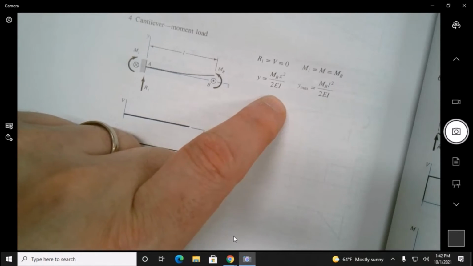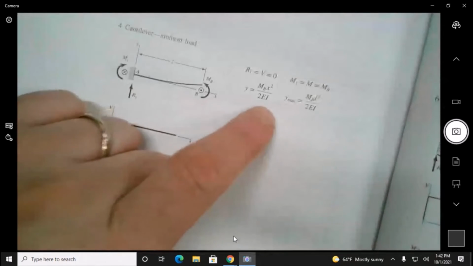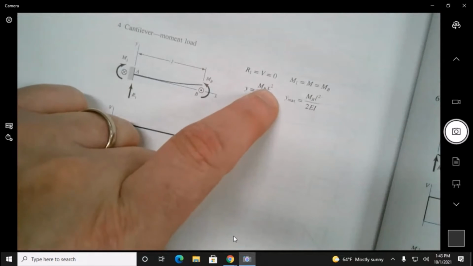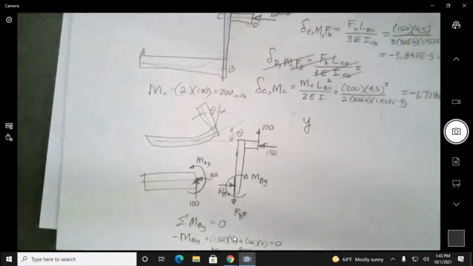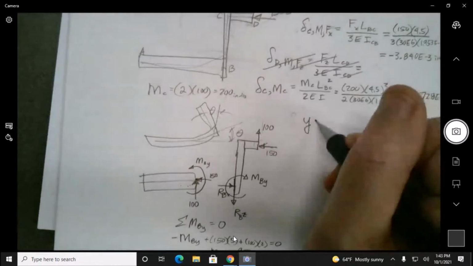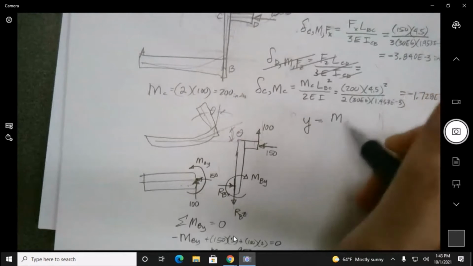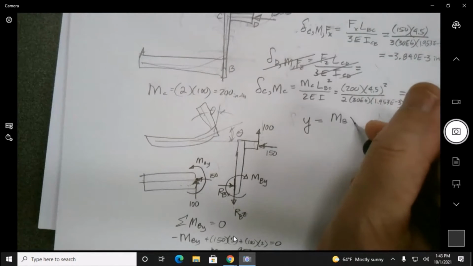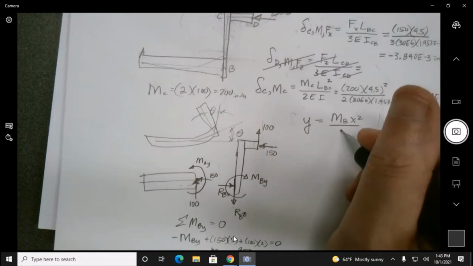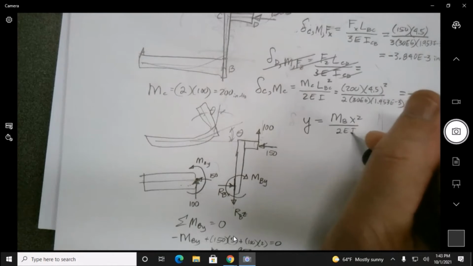I'm just saying, if there was some other loading that we would want to do, we want to take the derivative of this with respect to x, so it needs to be x, not L. Not that it's going to be any difference. So we know that y is MB x squared over 2EI.